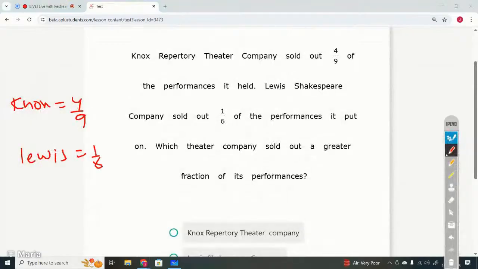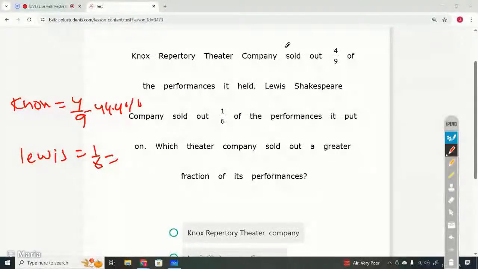Let's just convert them into decimals. So 4 divided by 9 multiplied by 100 is 44.4%. 1 divided by 6 is about 16.6%.